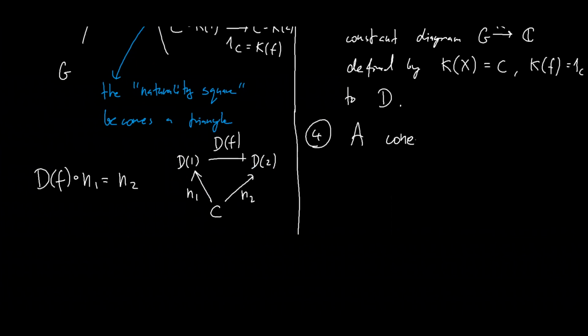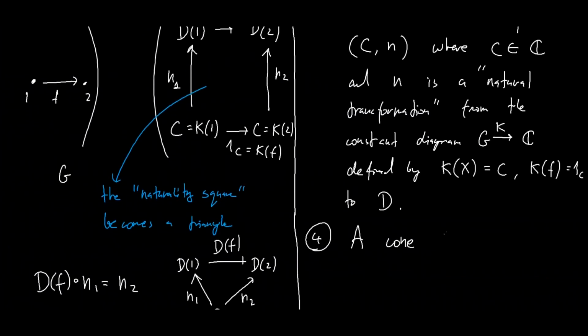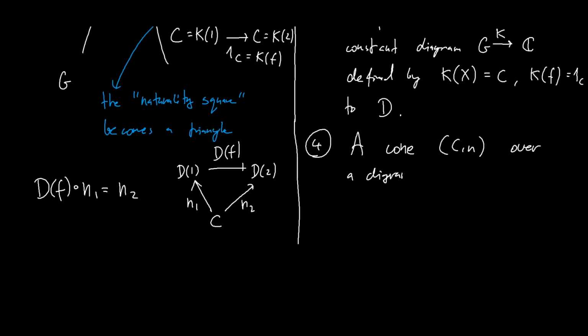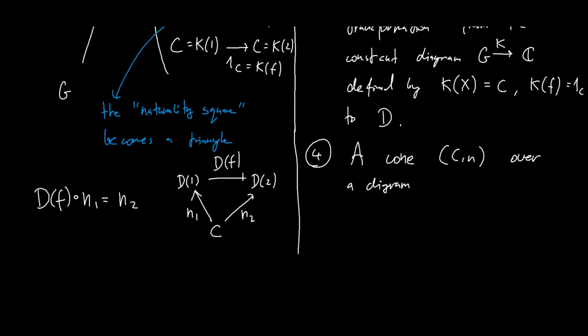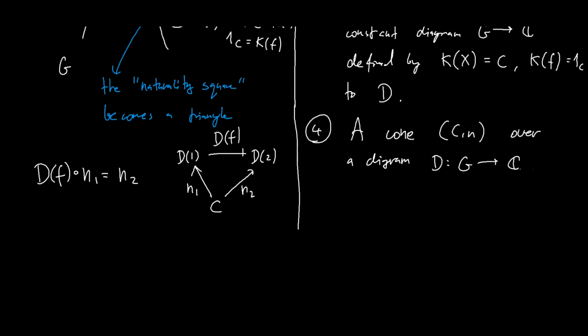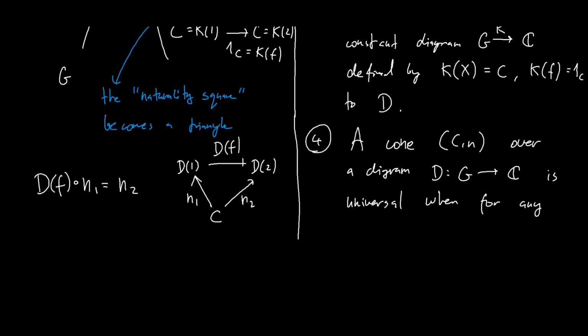So a cone Cn over a diagram D from G to C is universal when, for any, remember the idea that the limit was something that has these arrows going into my yellow area, but then if I have something else with a similar situation, there must exist a unique arrow going that way.